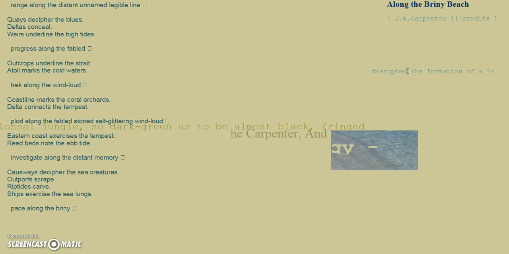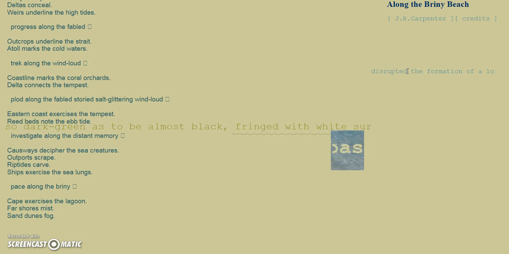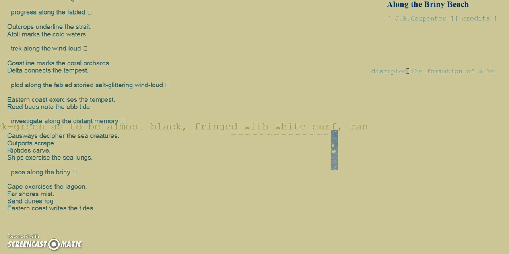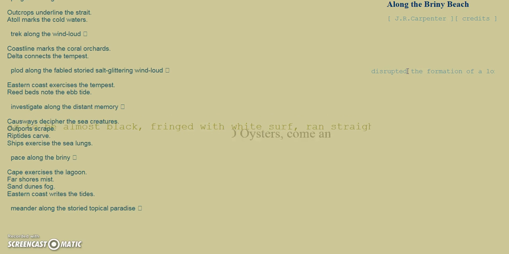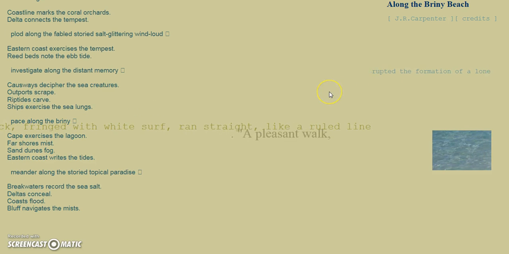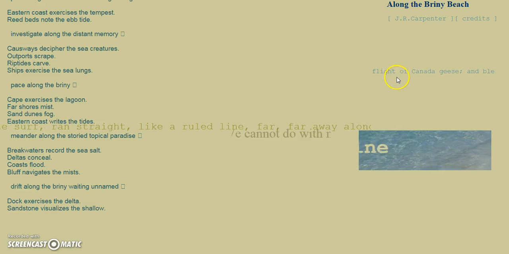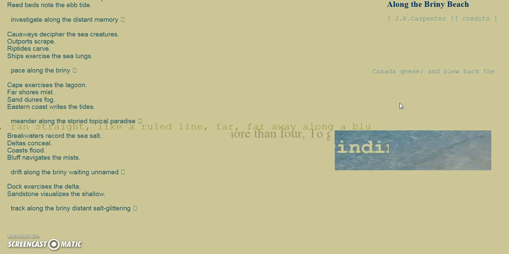But it doesn't seem to disrupt any of the other piece; everything else keeps moving. And I notice I have to move the cursor farther away for it to resume. This part is talking about flight of Canada geese.